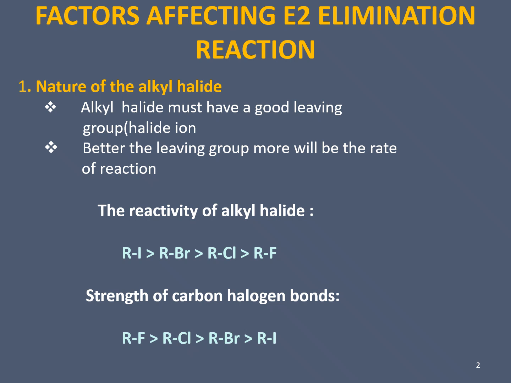Okay, so depending upon the type of alkyl halide we use for this reaction, the rate will be different, because if we use alkyl iodide, the reactivity will be very high, but if we use alkyl fluoride, then the reaction will be very slow. Okay, this is all about the nature of the alkyl halide.